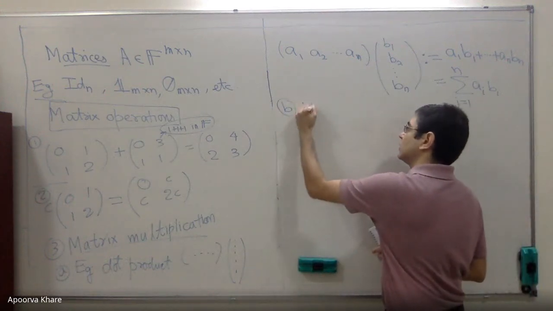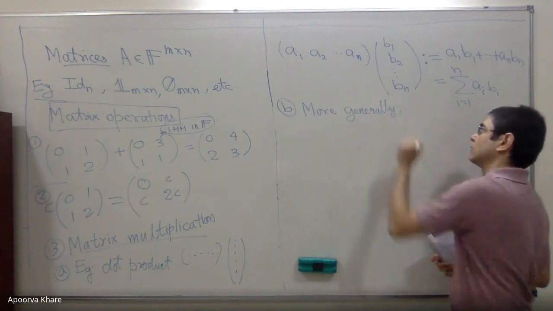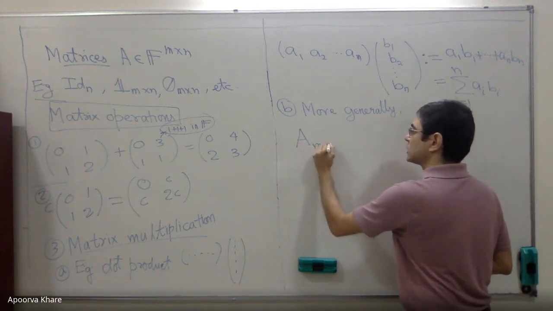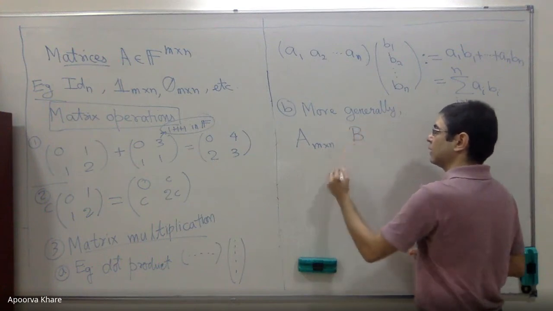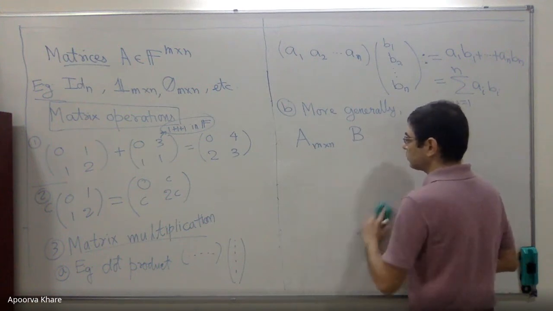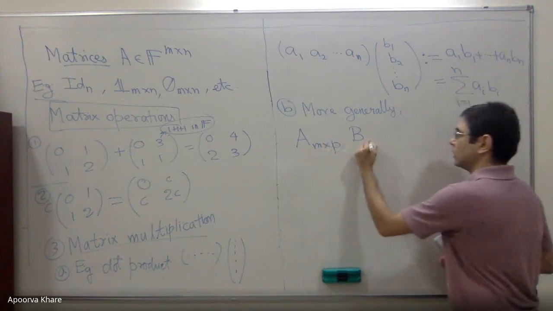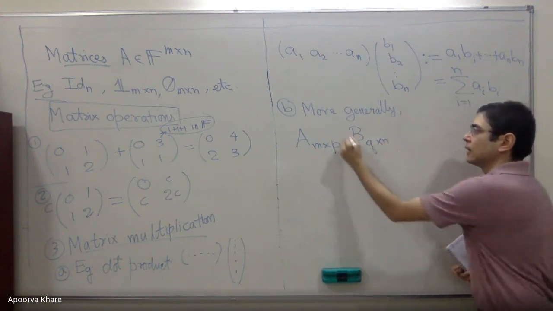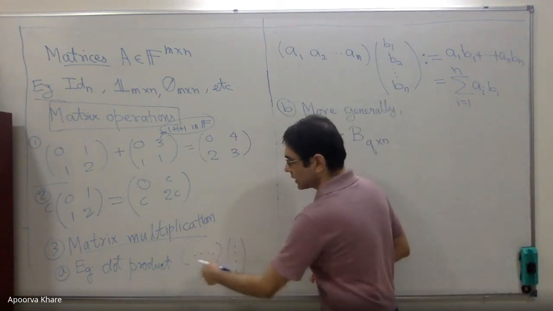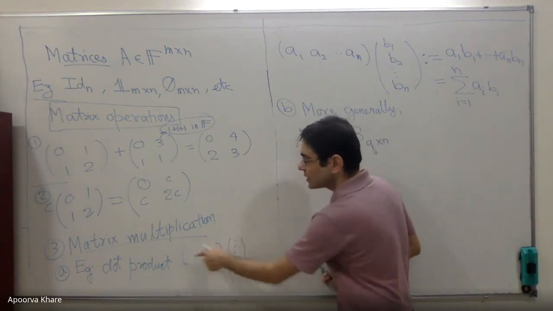More generally, if you have A, which is m cross p, and B is q cross n, then A times B is defined only when every row of the matrix A has the same number of entries as every column of the matrix B. How many entries are there in a row?